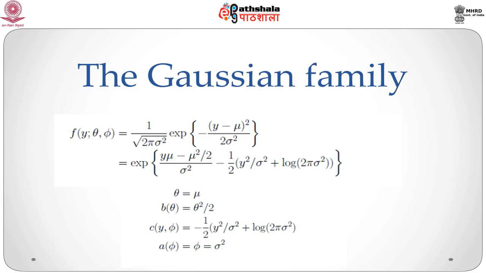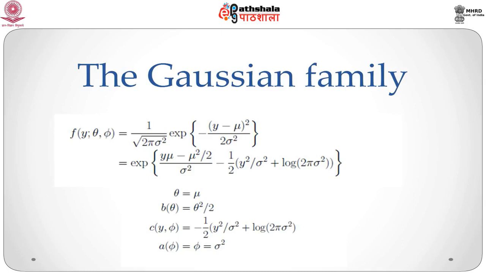Expanding this, we can write it as exponential of y mu minus mu square by 2, by sigma square, minus half into y square by sigma square plus log of 2 pi sigma square. Here, the canonical parameter is equal to mu, so we have a situation where the canonical parameter is equal to the natural parameter. B of theta is given by theta square by 2.